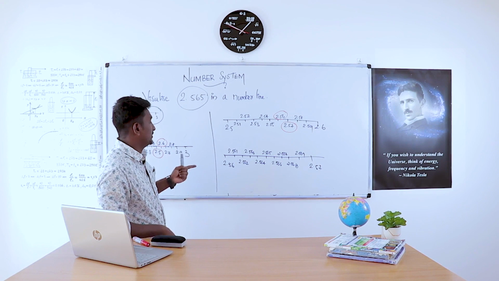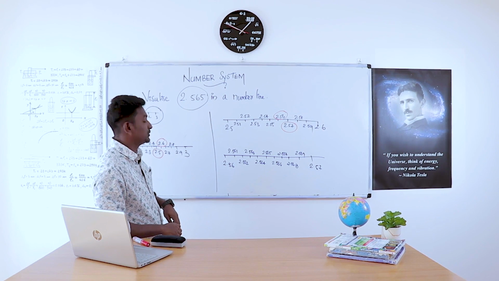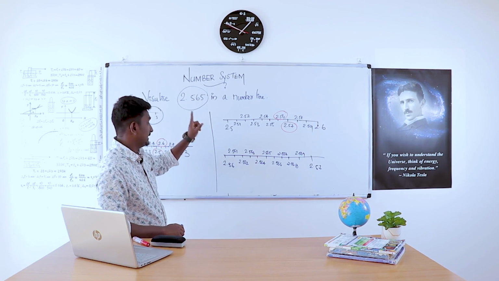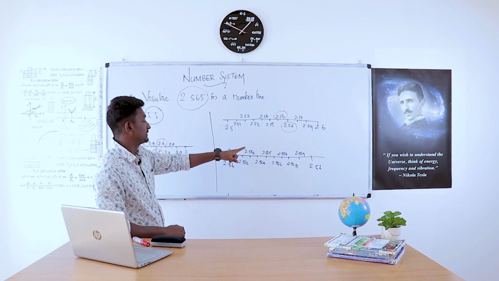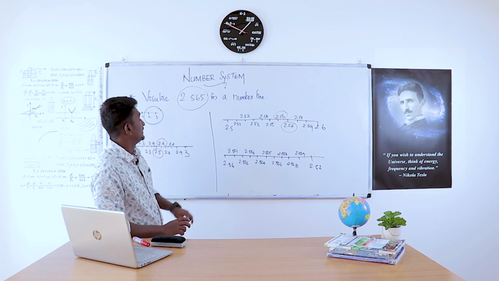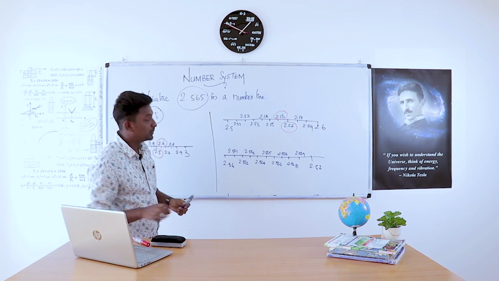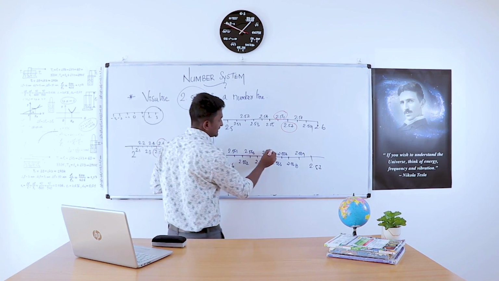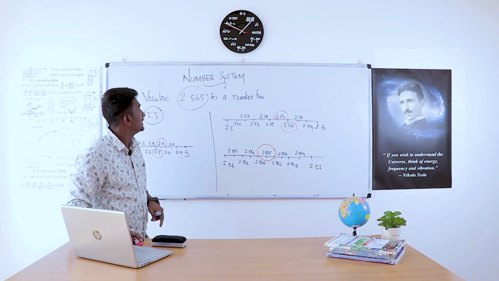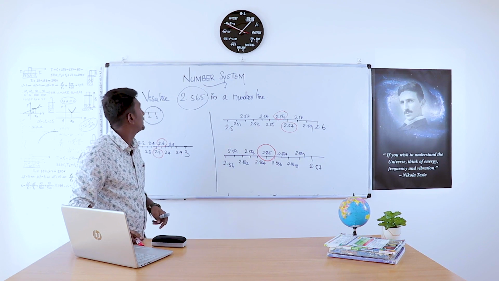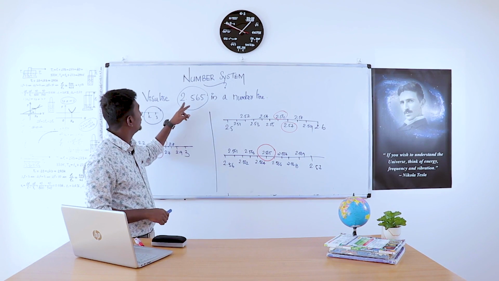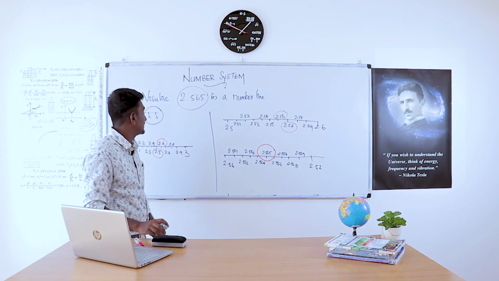Which is the number we needed? It is 2.565. Look, here it is. Thus, we can locate a real number on a number line. Thus, look, 2.565 is located.